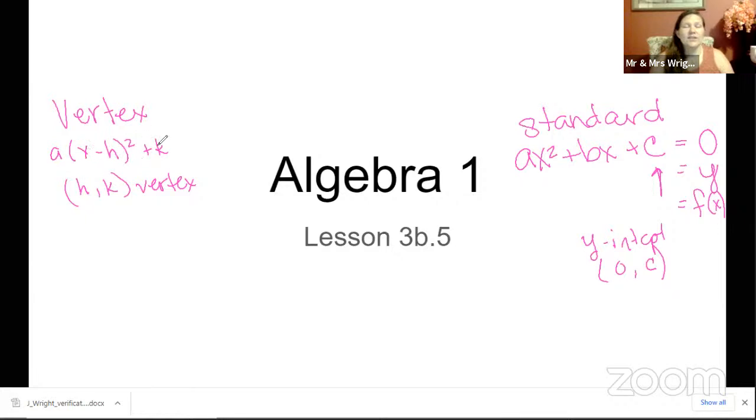And then k is our vertical change, so that's your up and down changing. And then a has kind of two functions to it. Not only does it stretch or compress, but it also tells us whether or not the graph is going to be reflected over the x-axis. So these are our two forms, vertex form and standard form. If you don't have them written down, write them down now.